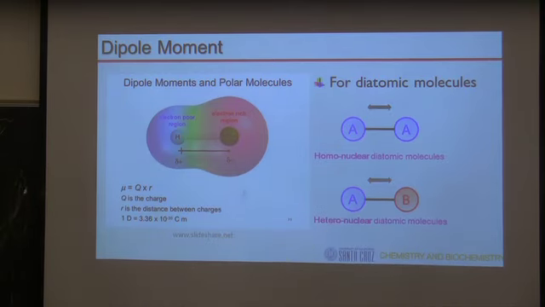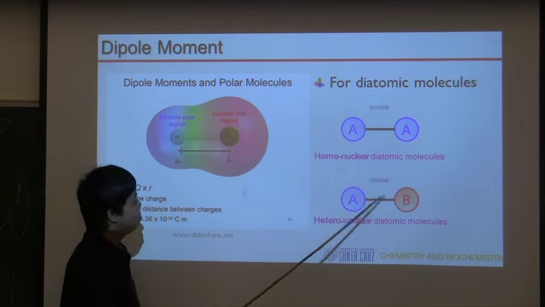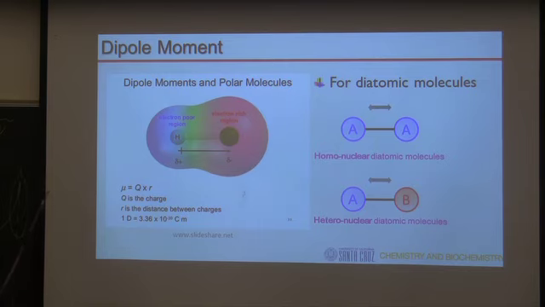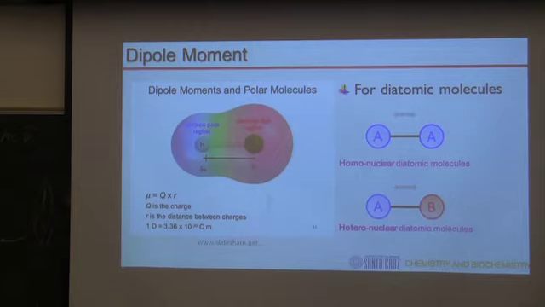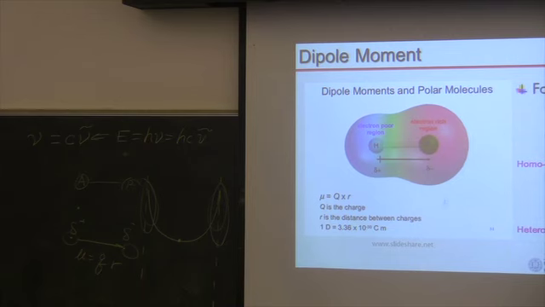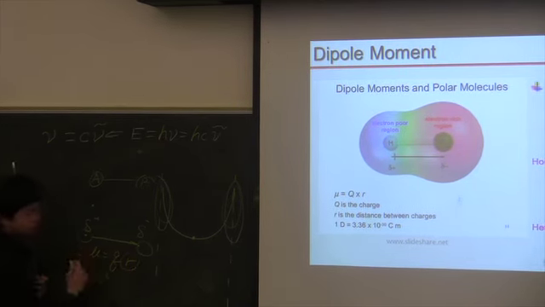Here, because of different electronegativity or affinity, maybe A is partially positive and B is partially negative. So now they have separated charge centers, and that is a dipole moment. Now assume the two atoms vibrate. Once they vibrate, which one will change? The distance will change.